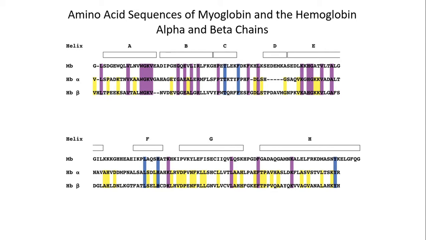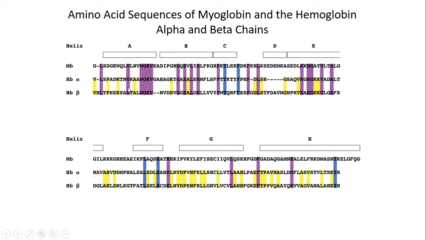So certain tertiary structures, for example, that make up the backbone folding pattern of a globin polypeptide can accommodate quite a variety of amino acid sequences. But again, remember, structure does not necessarily equal function. Now, if we take a good look at this, the purple highlights those residues.